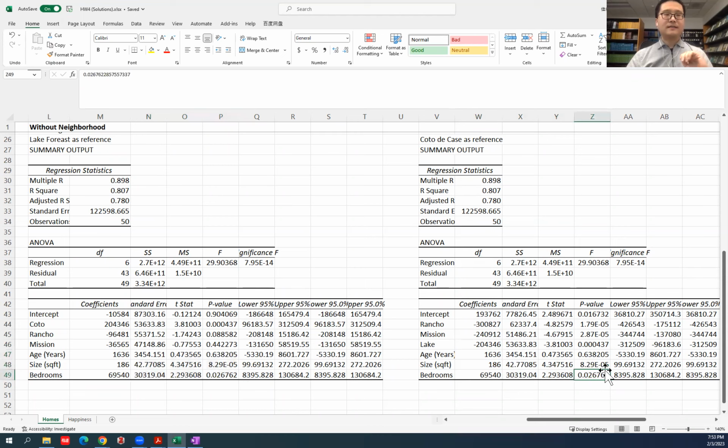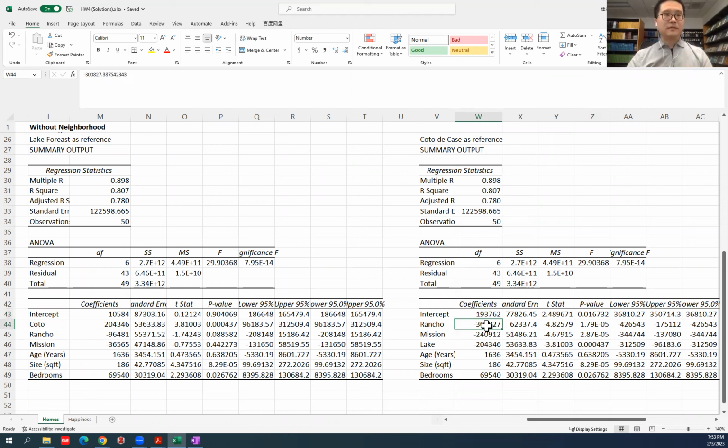So it tells us that when changing the reference level for a categorical variable in regression model building, it only matters towards the intercept and the coefficient estimates about the categorical variable. It won't affect anything else, including the coefficients for other variables.